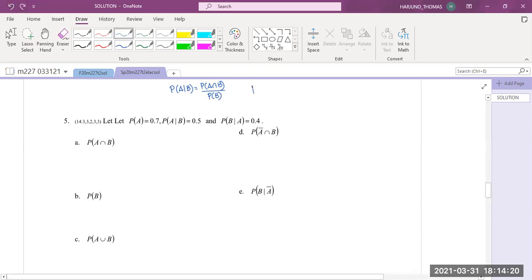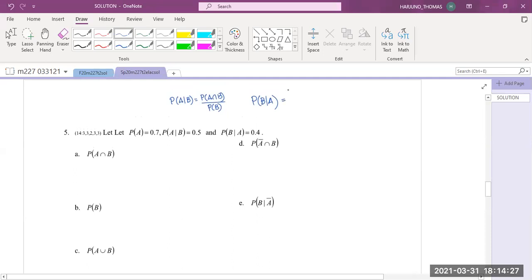Probability of B given A is probability of the intersection over probability of A. Oh, okay. So this is what I need to know for part A, and I already have these two numbers. So I will use that formula.